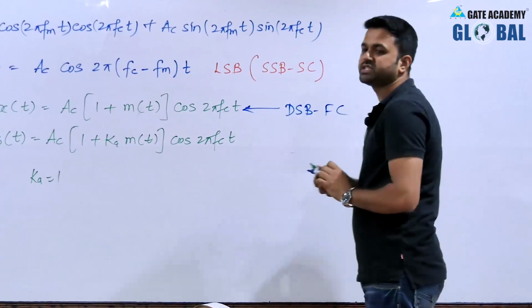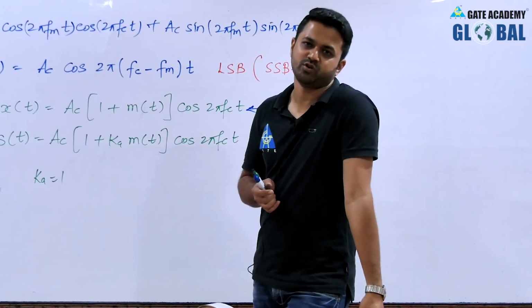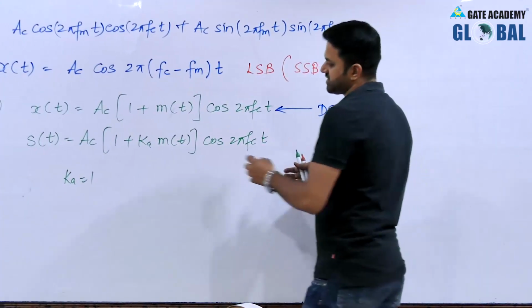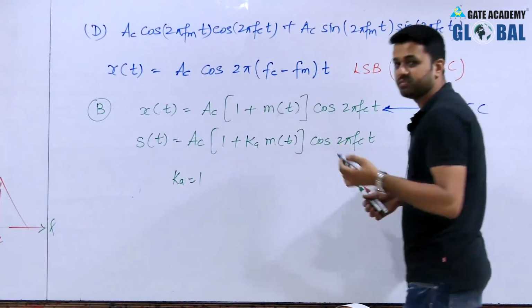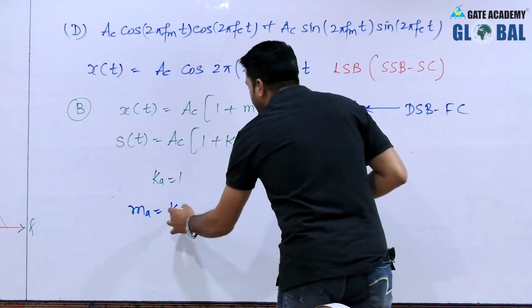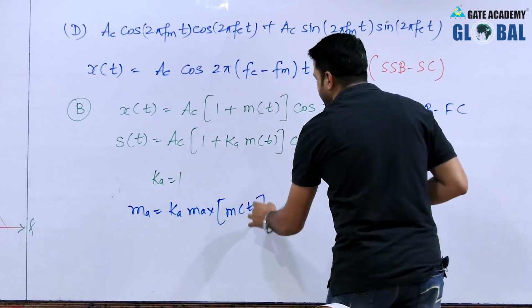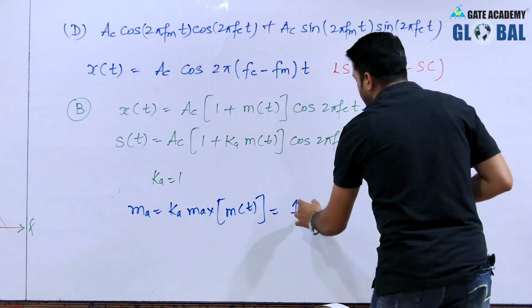But now we have to check whether it is overmodulated or not. Without overmodulation, the modulation index should be less than 1, and the modulation index is given by Ma equal to k into the maximum value of mt, and the message signal has maximum value 2.